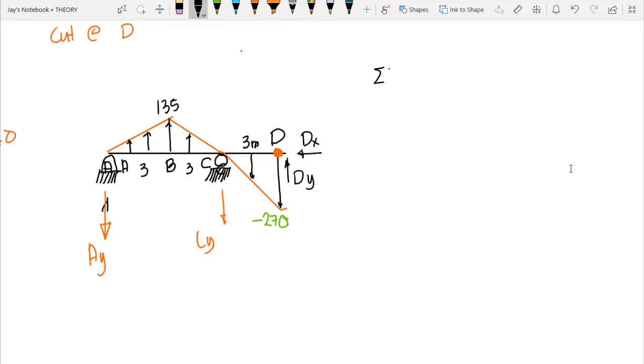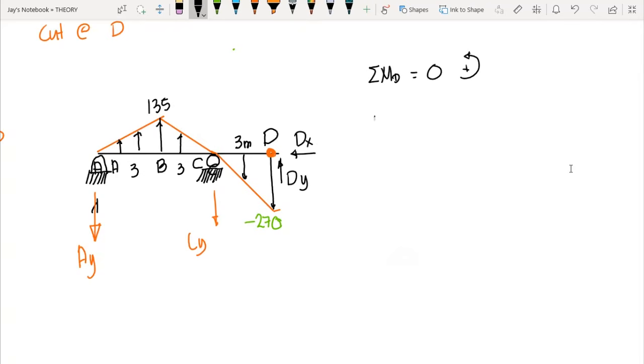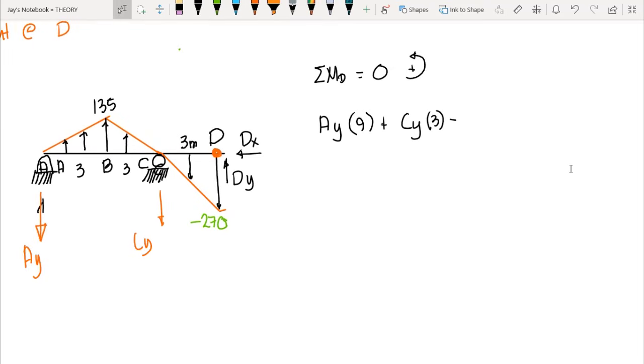So we can sum up moment at D, and this equals 0, counterclockwise positive. So we have AY times 9, plus CY times 3, minus the load, the resultant of this triangle. We can just include the whole triangle. So we have 1/2 times 135 times 6, and the resultant is at the midpoint, since this one is a symmetrical triangle.